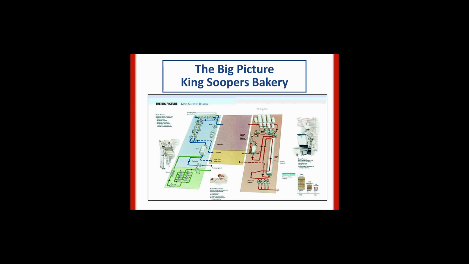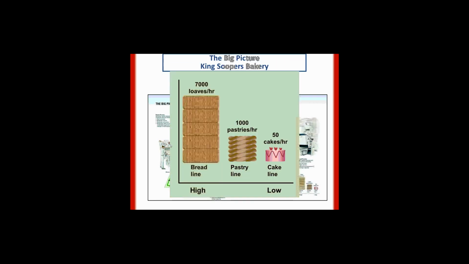Okay, so to be sure, we can also look at the volume of the product. You can see that customized cake has only 50 cakes per hour, which that consider a small batch. It's not a job because it's not unique.